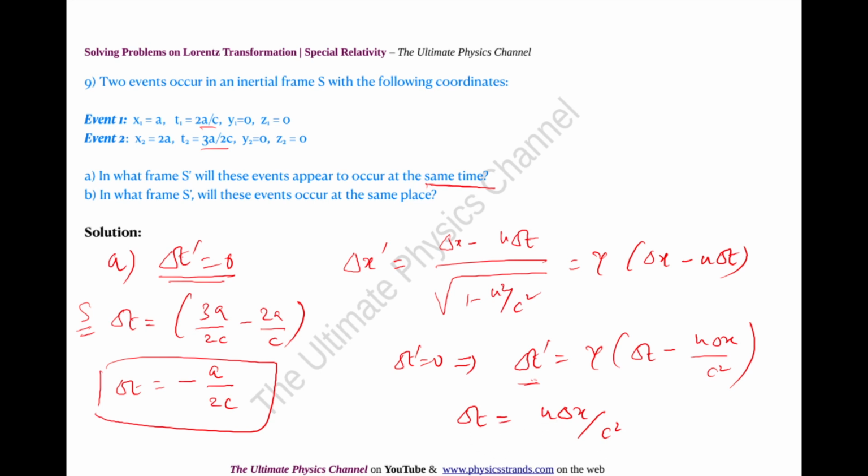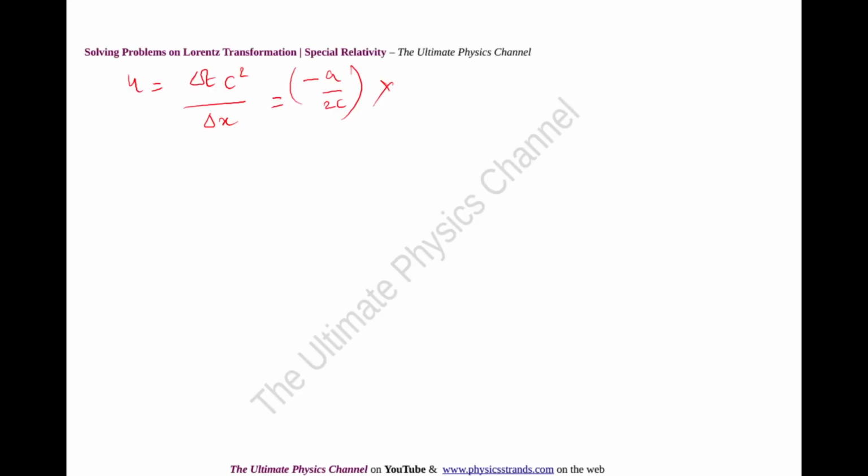So I've used this equation in the next stage to get u on one side and del t c squared over del x on the other side.